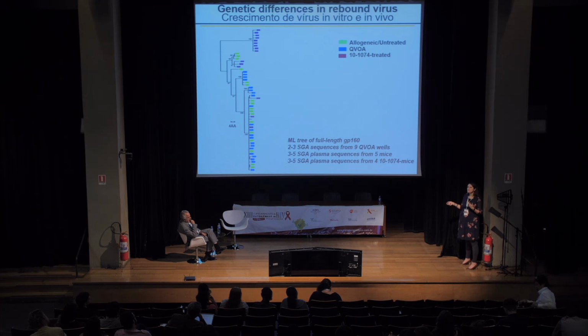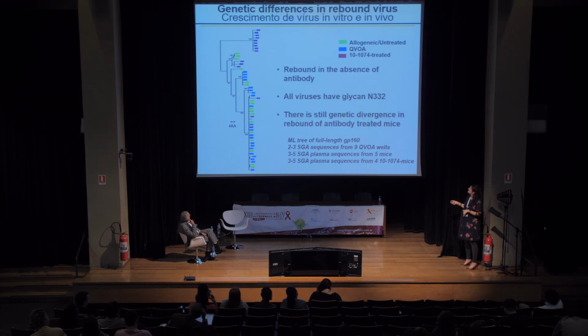So an obvious conclusion would be that the antibodies are exerting selection, and that these viruses are resistant, and that's why they're growing out, and they're so different from what we saw before. We haven't officially tested this, but I don't think that's true. One thing is, this rebound is only occurring in the absence of the antibody. And when we look within the epitope, all the viruses have glycan 332, which is so important for neutralization.